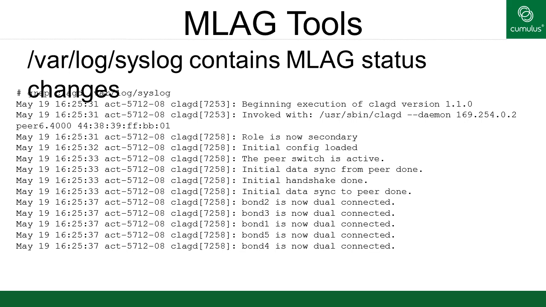But as far as the general MLAG operation, it doesn't care if the layer 3 protocol is v4 or v6. Next question. Is there anything special you need to do for single home host? Asking due to other vendors don't support single home devices on MLAG switches. Yeah, there's nothing special you have to do. In those cases, if you know they're singly connected, you wouldn't even put them in a bond.